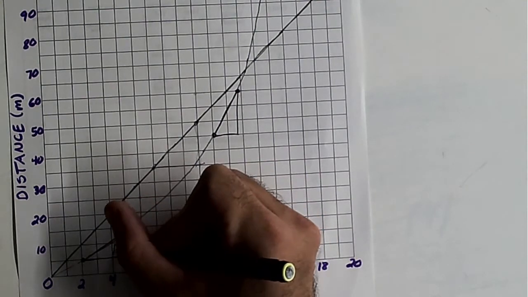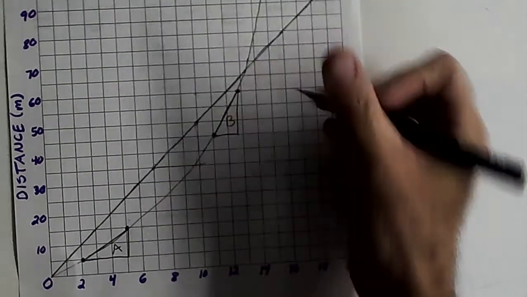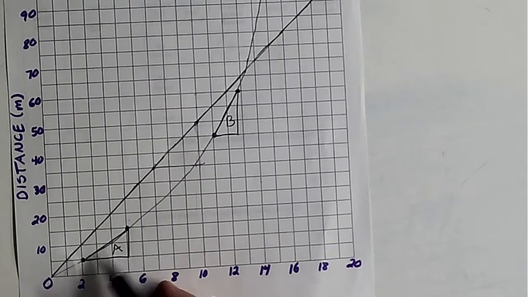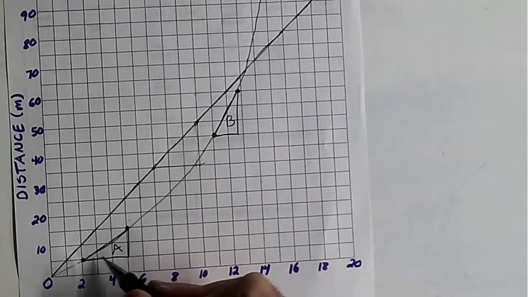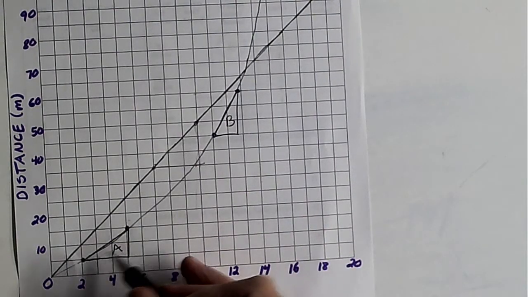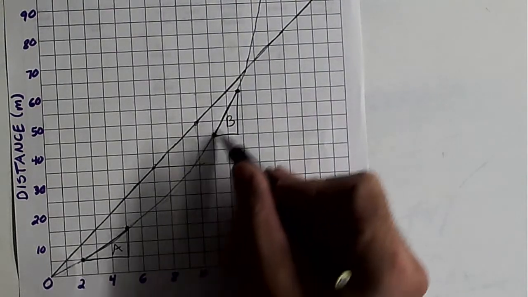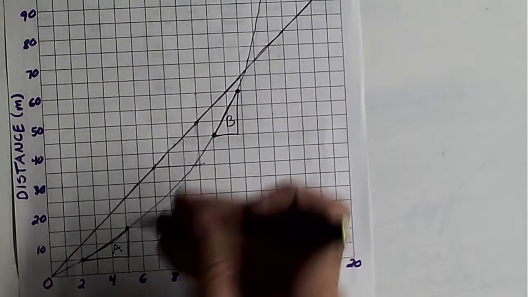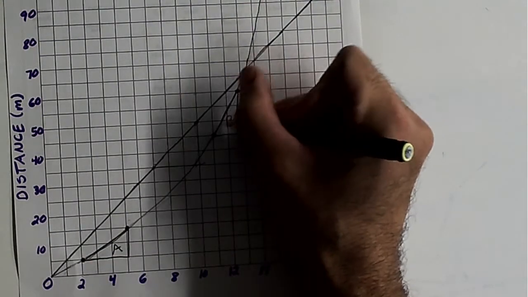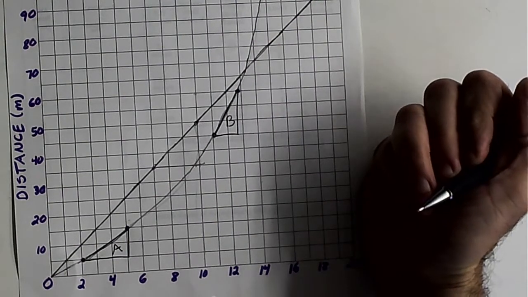If this is A and this is B, B has a steeper slope than A. So what is this object doing? It is accelerating, okay? This is slow, this is fast. How can you tell? Well, the slope of this section is steeper.